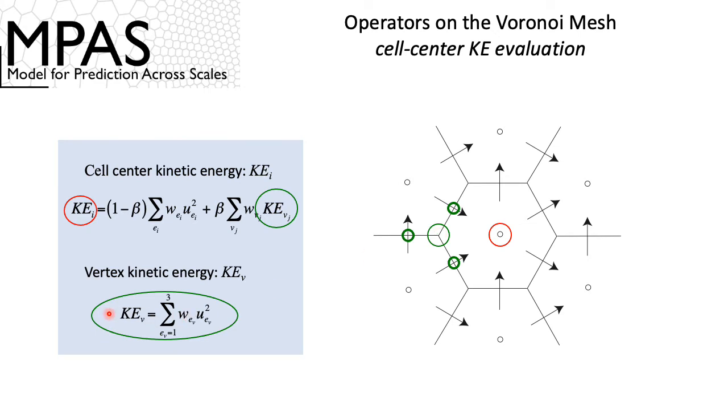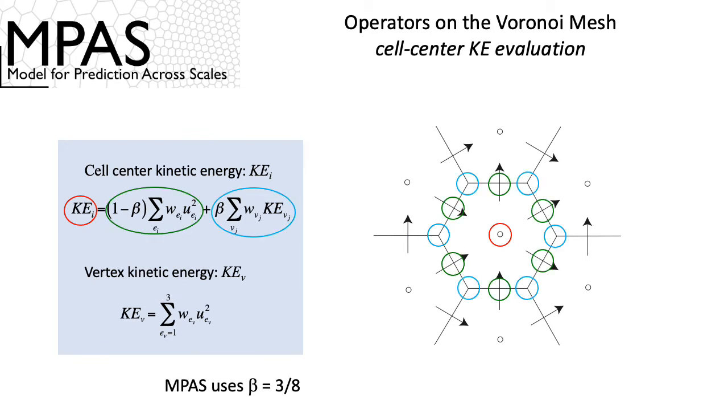So that's the kinetic energy of the vertex. In terms of their weighted average, we use beta equals 3/8. So we're taking 5/8 of the kinetic energy computed using just the cell edges that are part of the cell, and then we're using 3/8 of the value of that kinetic energy estimate at the vertices.